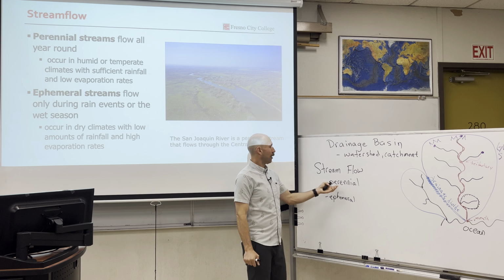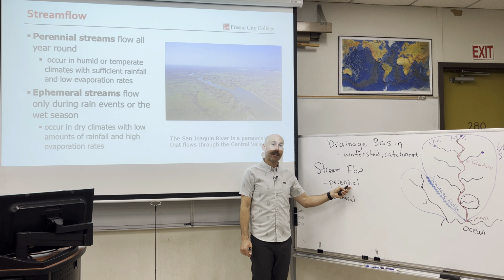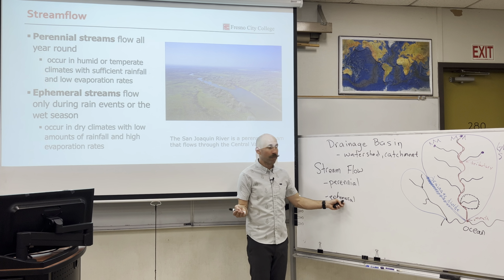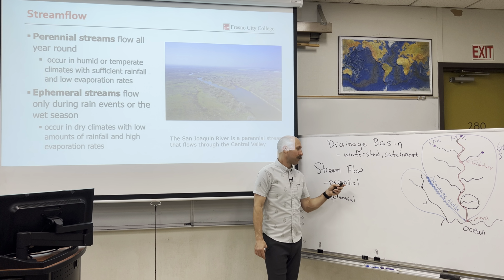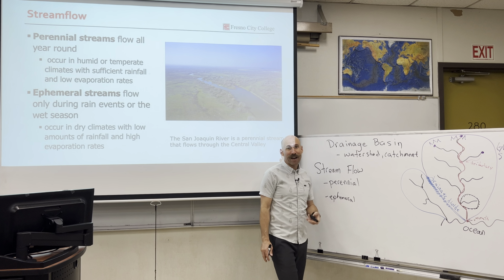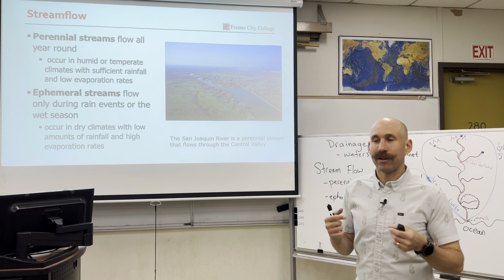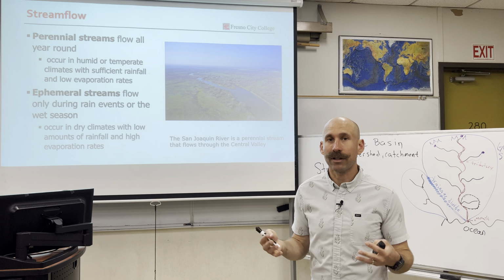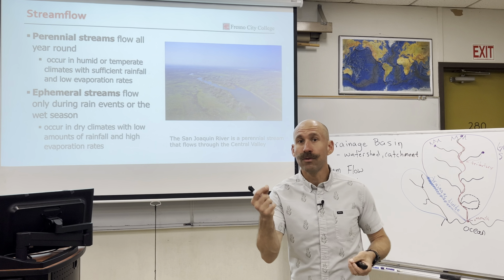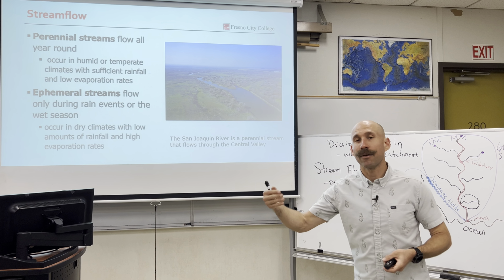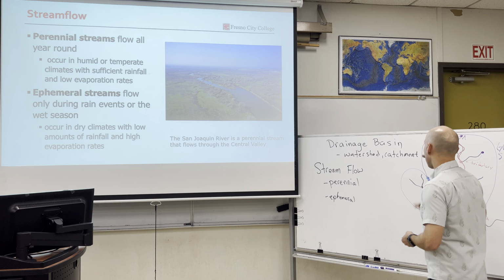You can imagine in an area with a climate that is relatively wet, the rivers are always flowing. In a climate that's very dry, the rivers are only going to flow when it's raining. So you have tropical rainforests versus desert environments. Earth surface processes are distributed unequally across the globe, and climate plays a huge role in the geology and the Earth surface processes that we see located all across our Earth.